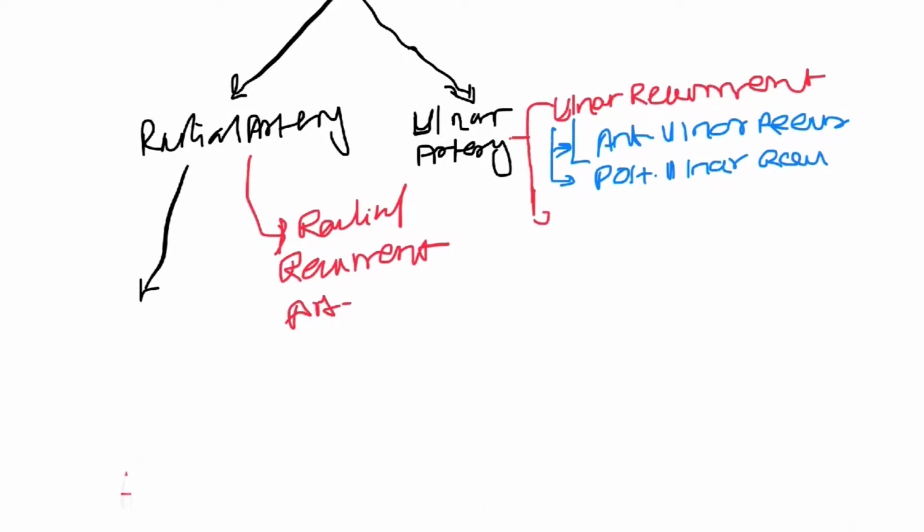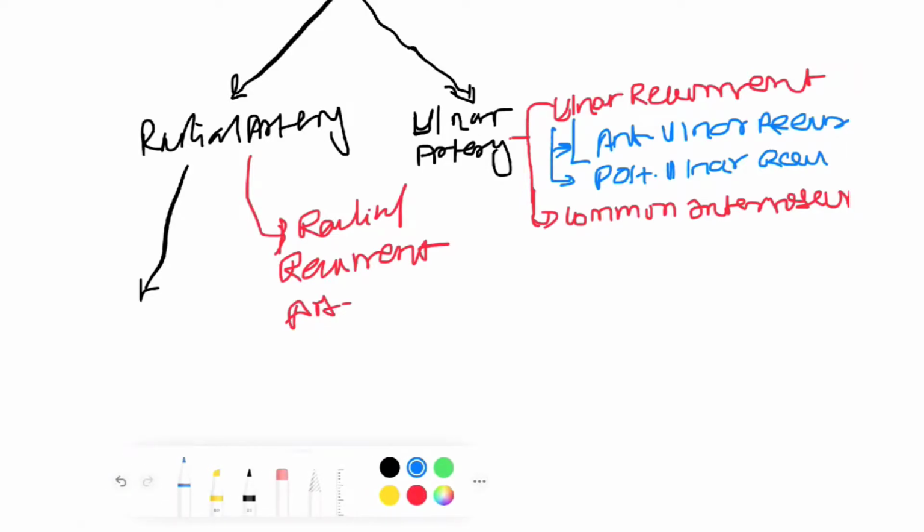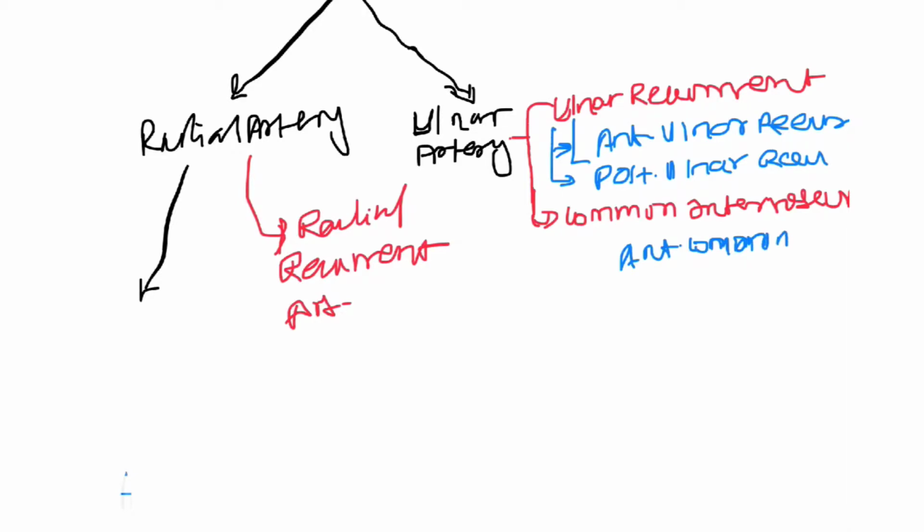The second branch is the common interosseous artery. The common interosseous artery also has two branches, anterior common interosseous and posterior common interosseous.